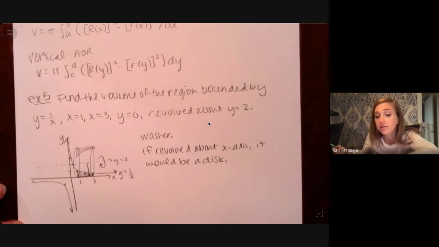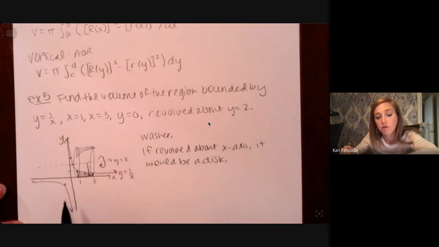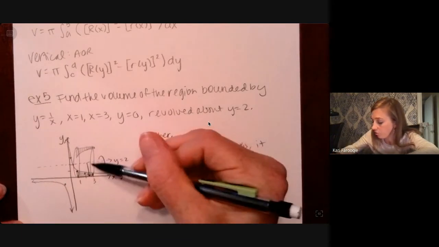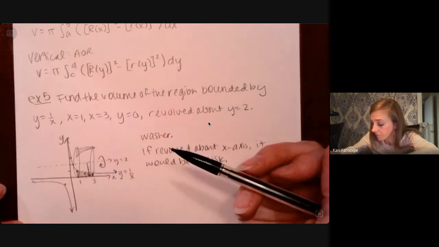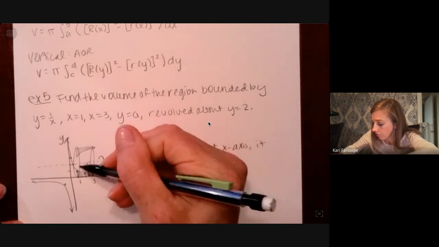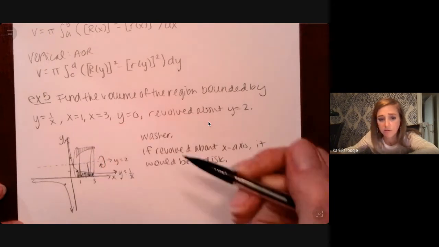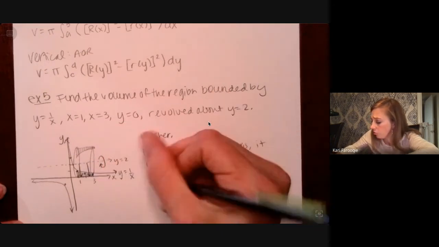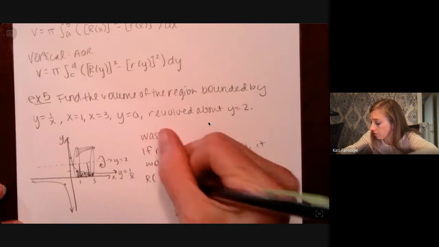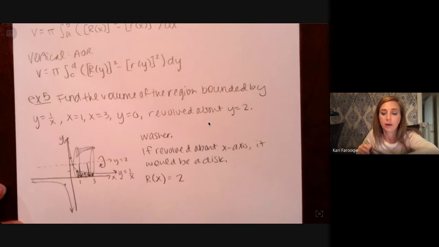I think the outer radius in this case is much easier to see because it's going to be 2 all the time. The distance between the axis of revolution and the outer edge of this figure is always going to be 2. It can't help it. It's going to be 2 all the time. And it's a horizontal axis of revolution, so it's an R of x. Now, it can be constant.